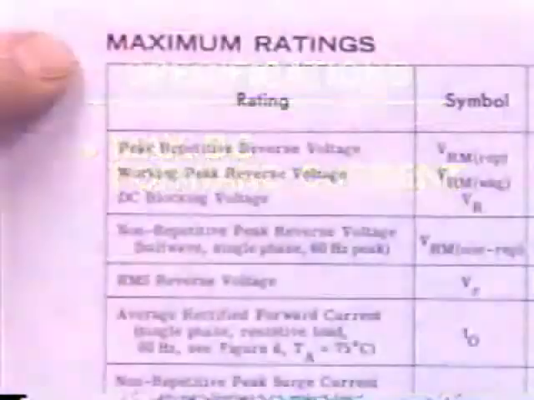Like any electronic component, the diode has maximum voltage, current, and power limits within which it can be safely operated. Let's take a look at 3 of these specifications. One important specification is known as the maximum DC forward current. This refers to the maximum amount of current that a forward bias diode can safely handle.